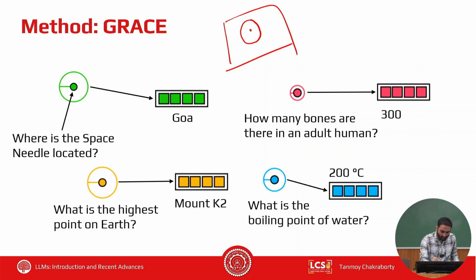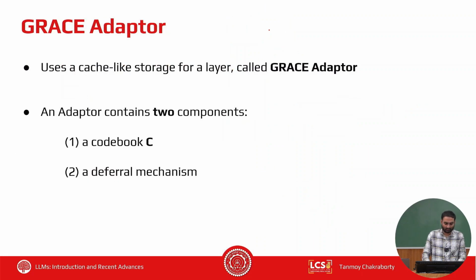And so every knowledge has this center and some sort of periphery, and this periphery is captured using a radius r. Here the radius is epsilon. Okay, so when a new knowledge comes in, it comes with a key and a radius, and all the knowledge which is already stored in the memory also has keys and radii, right? This is the concept, and we will see how we update this.